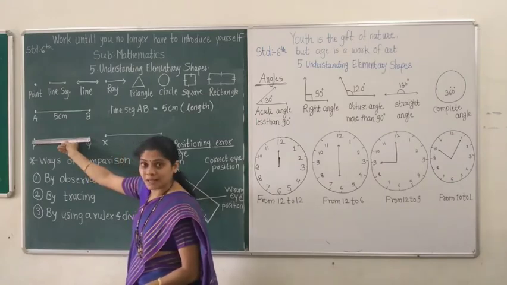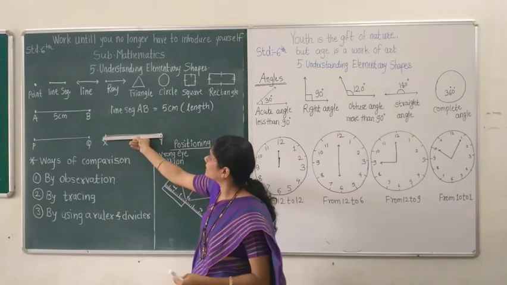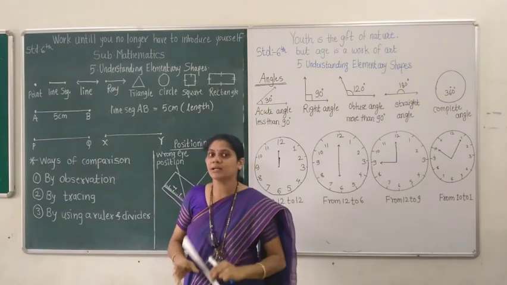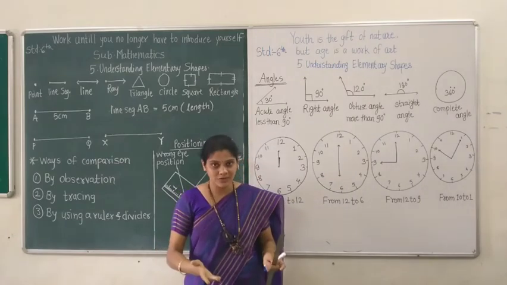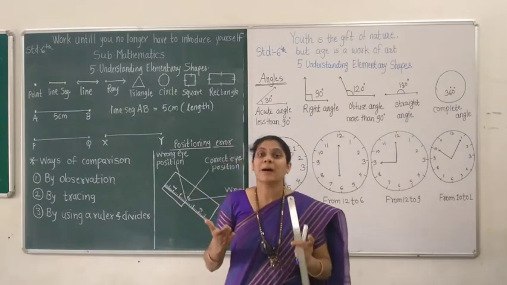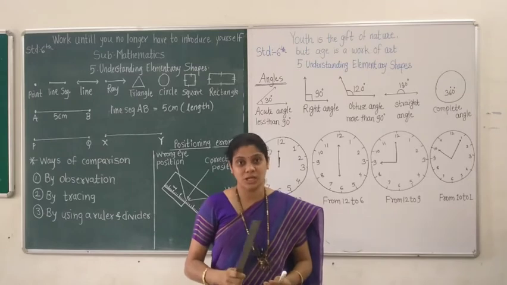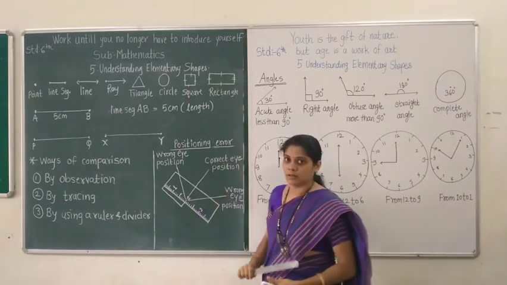Now I have to place the same ruler on XY. Both are the same. So with a ruler or divider you can easily compare the given shapes. As such, by observation, by tracing, and by using a ruler and divider, we easily compare the given shapes like this segment.